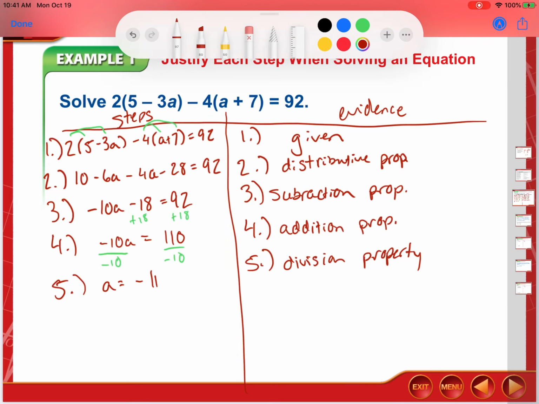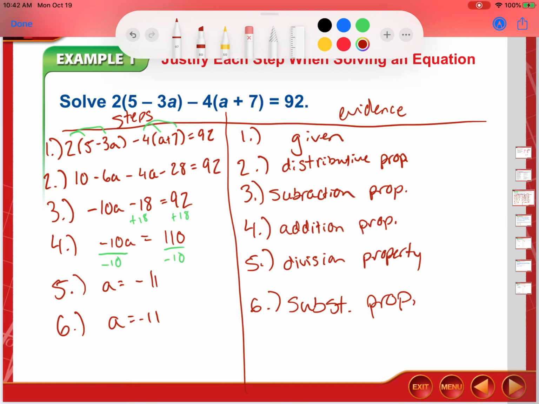So you could stop there, or you could write a equals negative 11 again, and you could say it was the substitution property, since a equals negative 11 substitution property, since you can interchange the a and the negative 11, you can write substitution property.